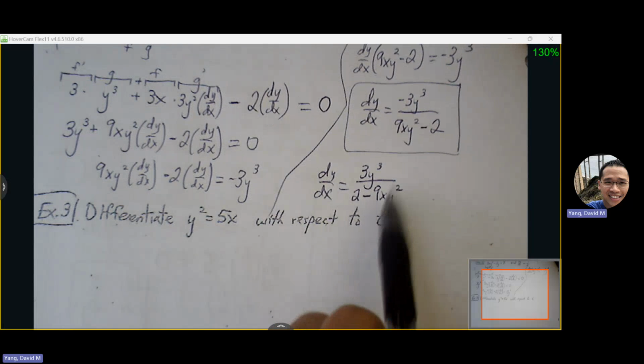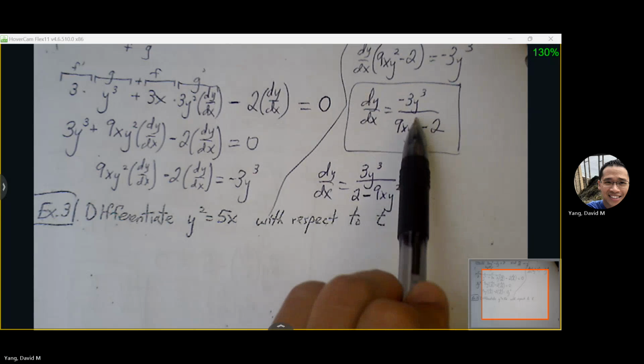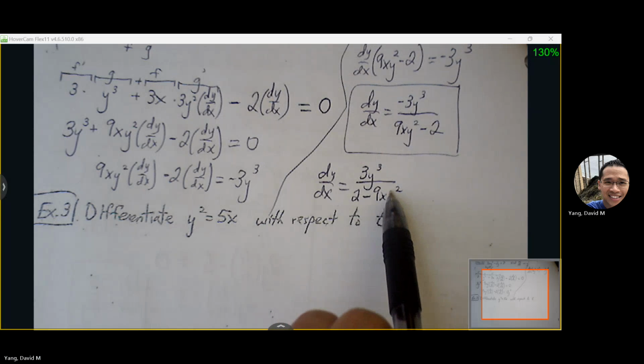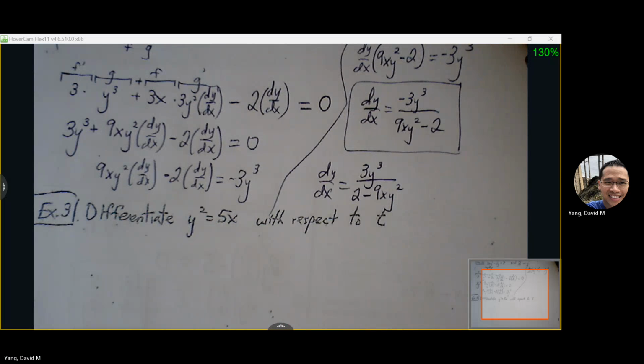So are these the same thing? They actually are. They look different, but they're the same. Why are they the same?